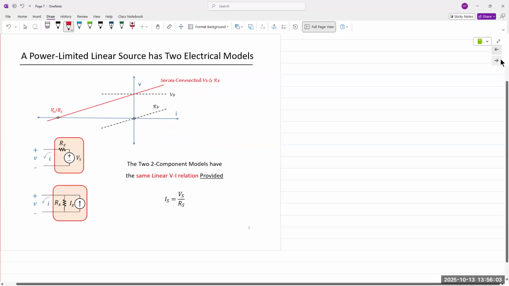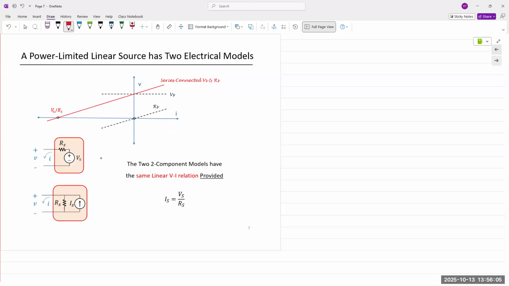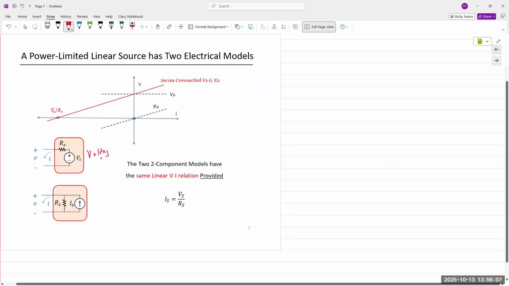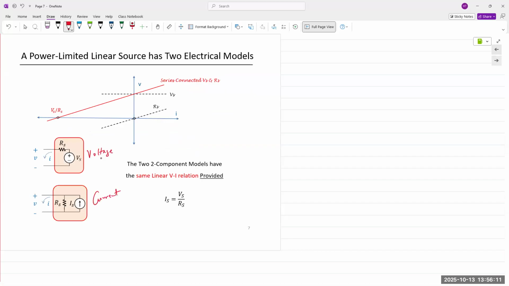And then the two electrical models for a linear source is a voltage source and a current source. Voltage source has the resistor in series, current source has the resistor in parallel. Okay, this is a standard representation for a real life non-ideal source.